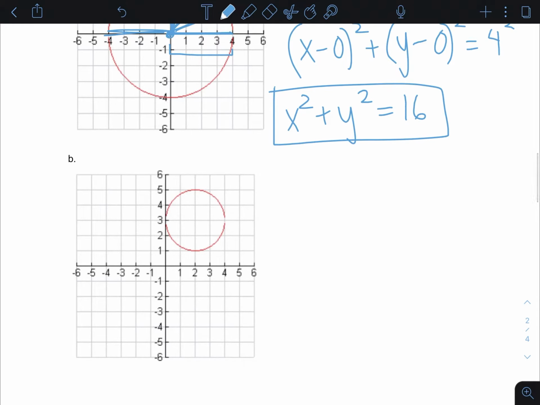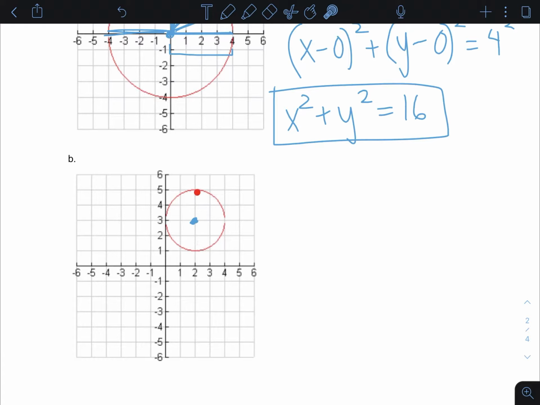Now in the next circle here, I see that it is not centered at the origin, so the center is moved. That means my h and my k are not going to be 0, 0. It's going to be some other number. If I look at the circle, I can see it's right there. That's the center, where it's equally distant all the way through.